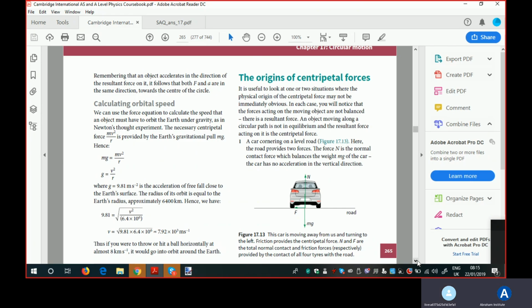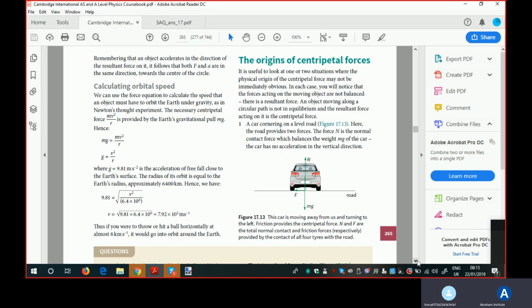No, sir. All right. Then you see the origins of the centripetal force. Already I explained this. See the example of the car. A car cornering on a level road. So that means the car is going in a circle. If it takes a bend around a corner, then it moves in a circular path. There the centripetal force is the frictional force between the tires and the road.